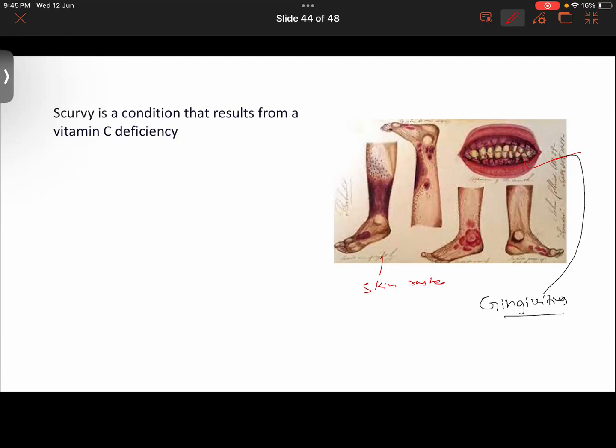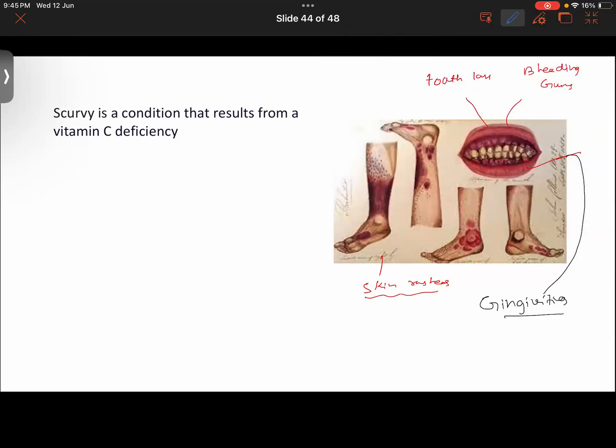So the person would be suffering from rashes on the skin and bleeding gums. That is the problem. It can even lead to loss of teeth. Tooth loss can also happen due to scurvy.